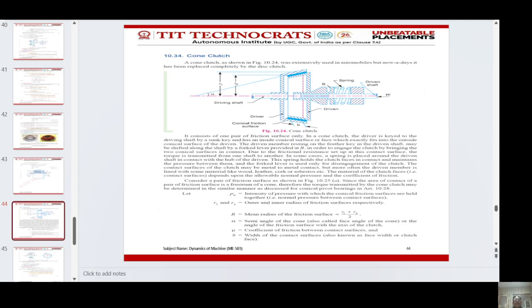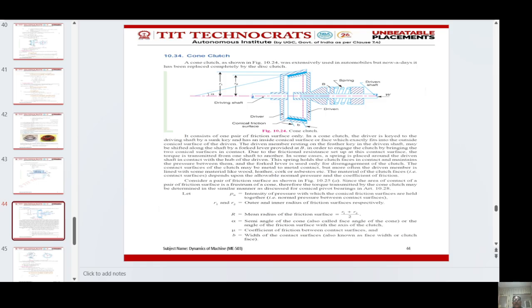Cone clutch. A cone clutch was extensively used in automobiles, but nowadays it has been replaced completely by the disc clutch. It consists of one pair of friction surfaces only. In a cone clutch, the driver is keyed to the driving shaft by a sunk key and has an inside conical surface or face which exactly fits into the outside conical surface of the driven.